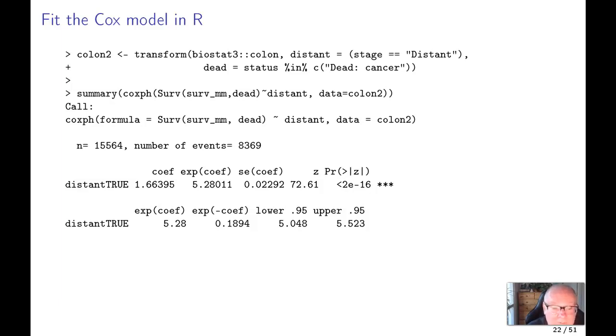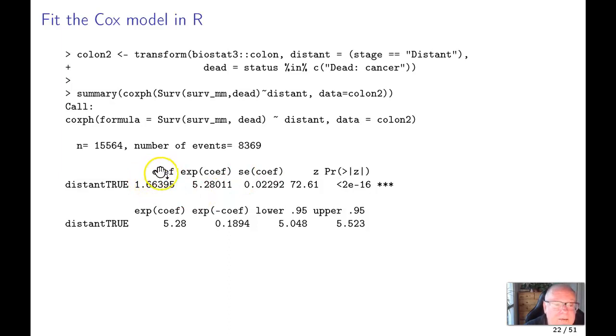And what we get from the model, we get our regression coefficient, which is a log hazard ratio, and we get the exponentiated regression coefficient, which is the hazard ratio. So much like logistic regression, if you're familiar with that, the regression coefficient is a log odds ratio, and then you exponentiate it to get an odds ratio.